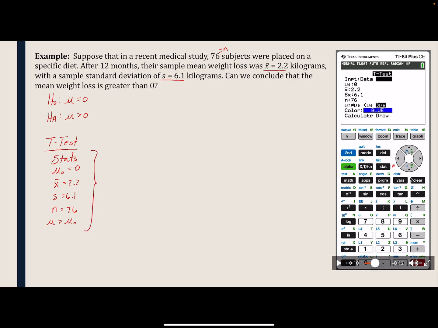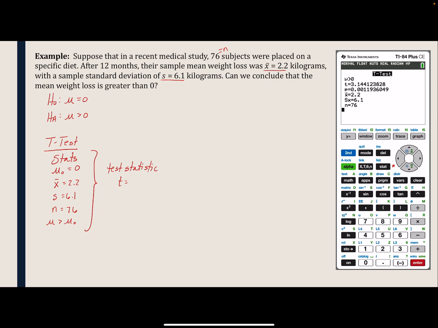And we are looking for the test statistic and the p-value. And the test statistic for a t-test is t, because we are using the student t models and not the normal model. So once all the information is entered, you're going to scroll down and hit calculate.